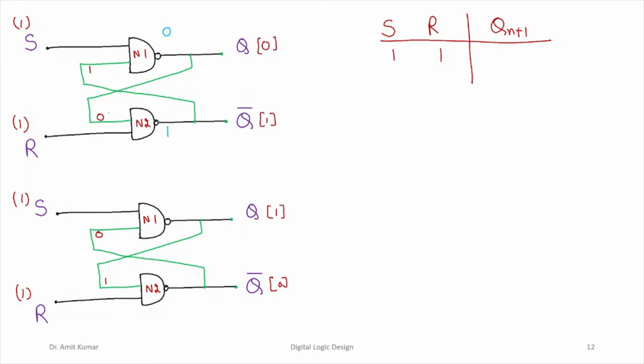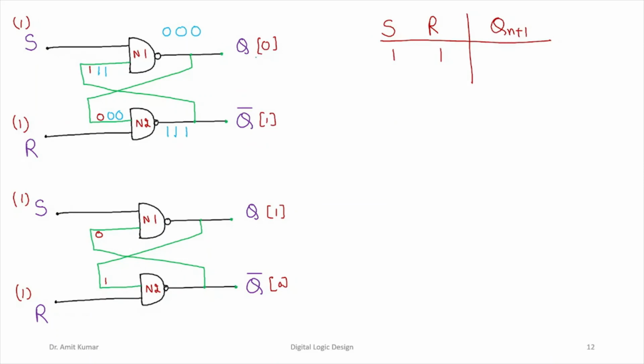From feedback, this 1 will be made available to the input of N1 and this 0 to the input of N2. Again 0 1 output is 1, and again 1 1 output will be 0.